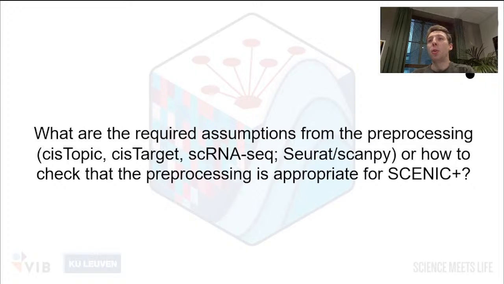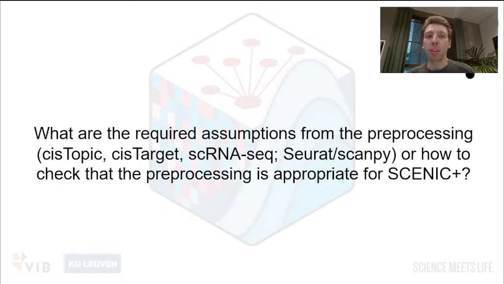Yeah. So are there any assumptions or pre-processing steps that are important for running SCENIC Plus? For this, I want to highlight again that it's very important to check your motif enrichment results, like Darina was also showing before, because if you don't have nice motif enrichment results, you also won't have nice networks.